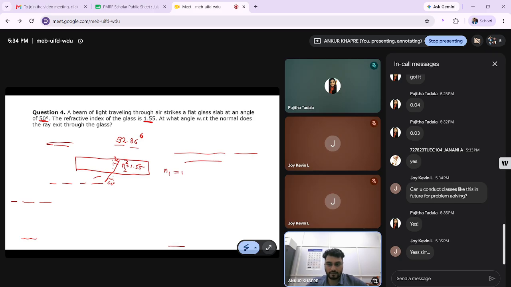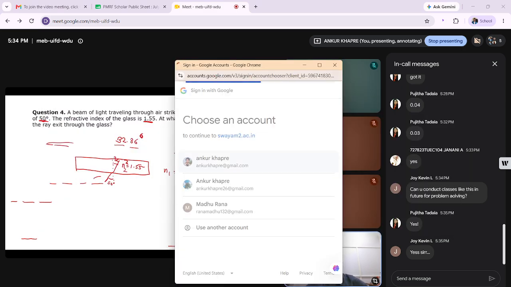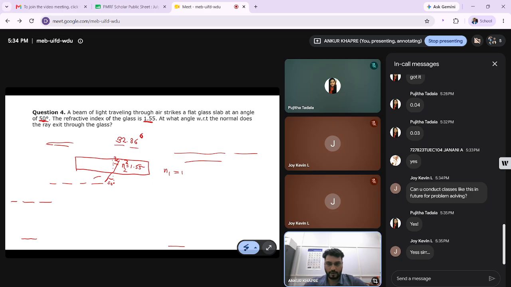So everything is given for you free of cost. And if you want to write the examination, I think there will be a minimum fee. I'm not aware about it, but I think you need to pay something for that. Apart from that, the course is free of cost. Okay, understood?